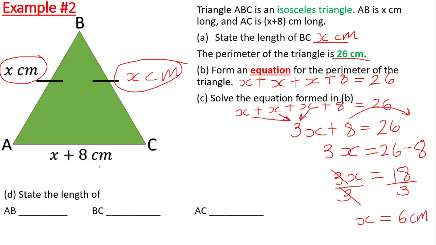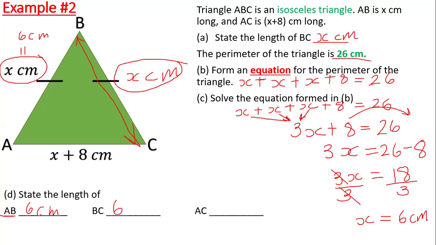If X is 6 centimeters, what is AB? 6 centimeters as well. Very good. And then we have BC. Whatever AC is, BC is also, so it's going to be 6 centimeters.